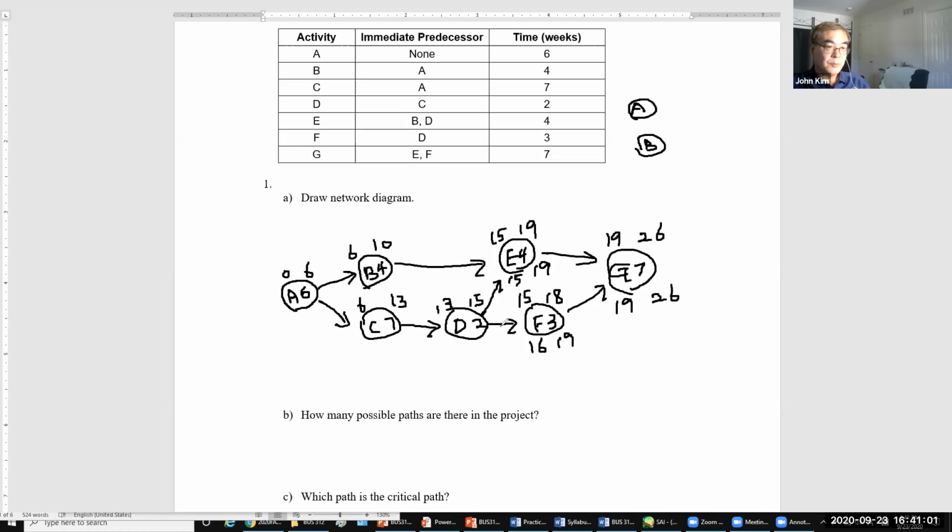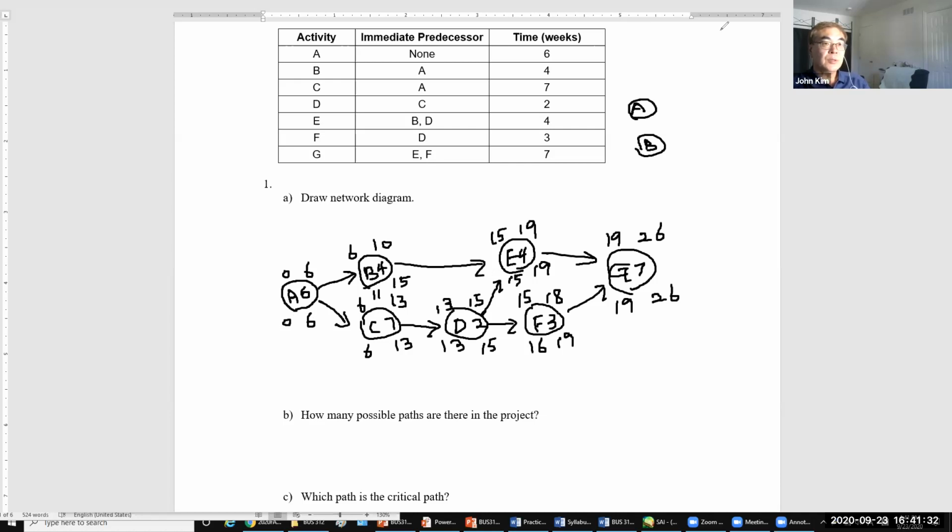So backward, earlier one goes there, 15, 13, 13, and 6, this one, 15, and 4, 11, go this way, earlier 1, 6, and 0.